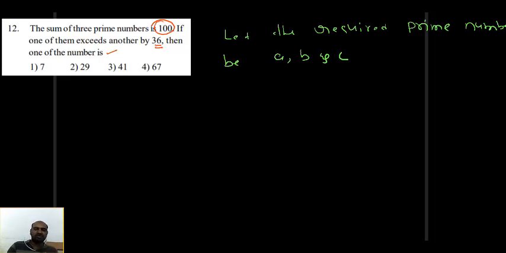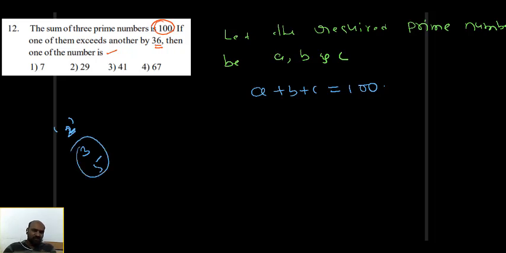Okay. So students, interesting problem. I assumed A, B, C are the required prime numbers, then A plus B plus C equal to 100. Listen students, except 2, all remaining prime numbers are odd. A plus B plus C is 100, which is an even number.